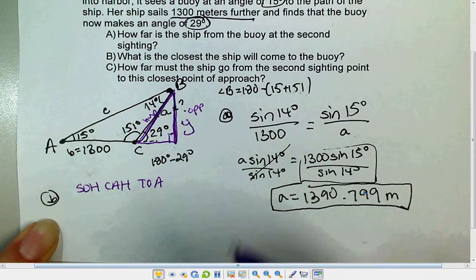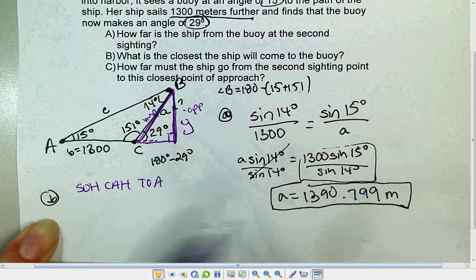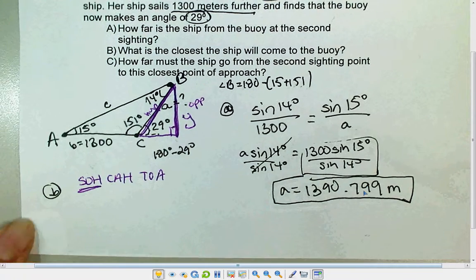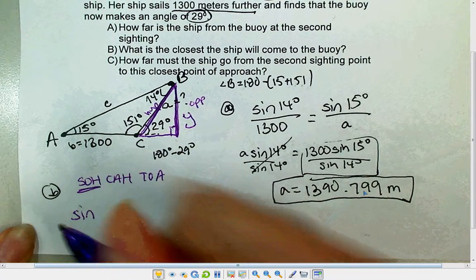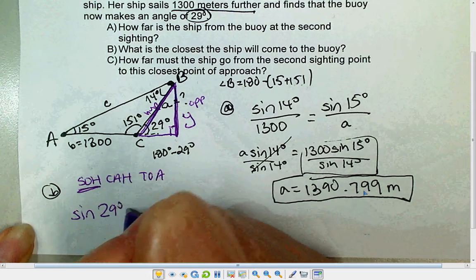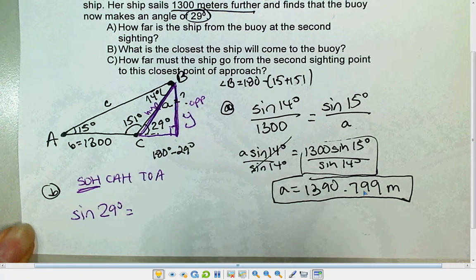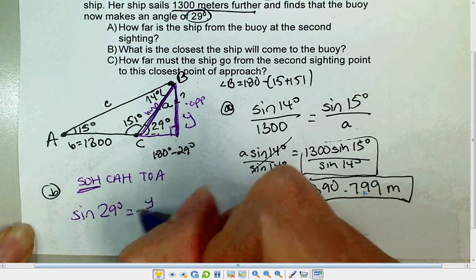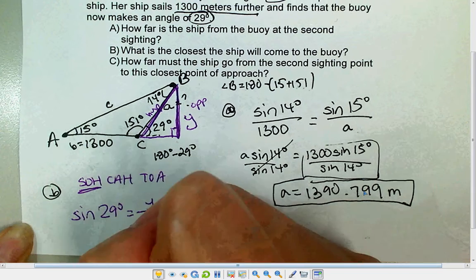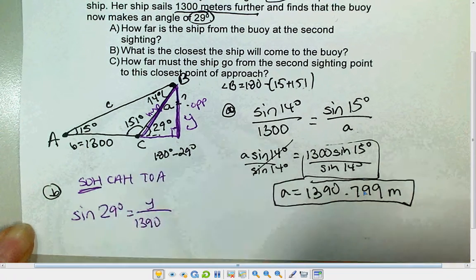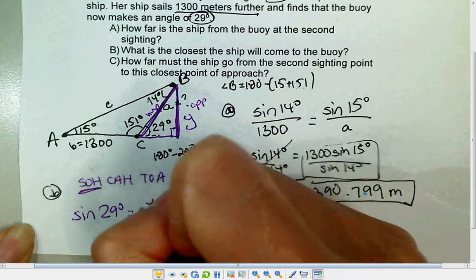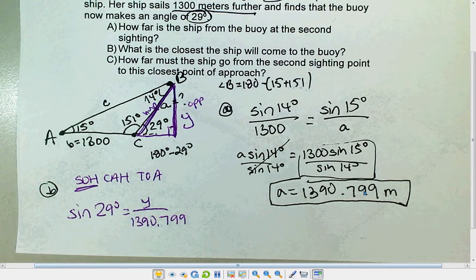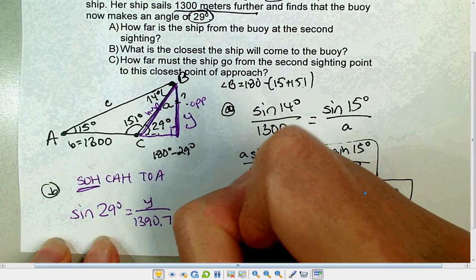So I'm looking for the one that puts together opposite and hypotenuse. That's going to be sine. So now I have sine of my angle, which is 29 degrees, equals opposite over hypotenuse. My opposite is Y. My hypotenuse is what I just found, which is 1390.799.